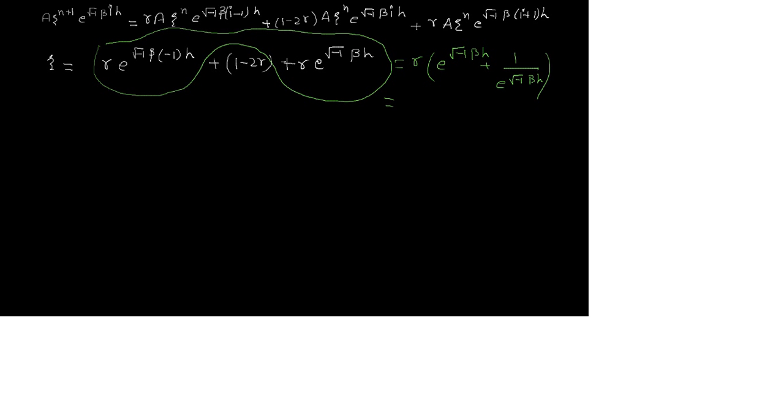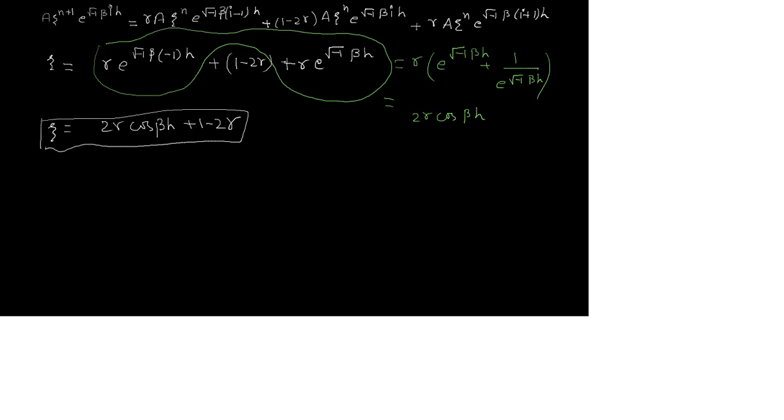So this will be 2r cosine beta h. This will give me 2r cosine beta h plus 1 minus 2r. So this is my zeta. Again what we want is that the mod of zeta should be less than or equal to 1.